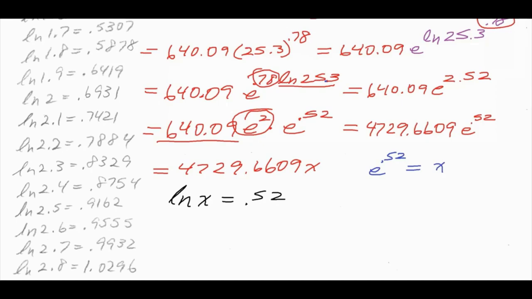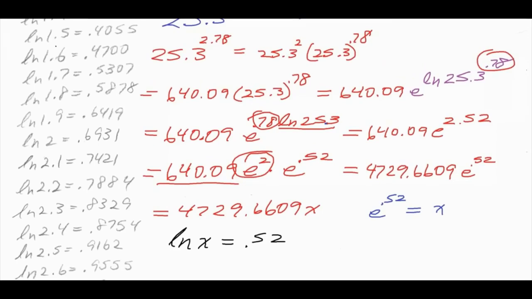Well, here's why I said you need to have a table like this made up, because now you can look at these values and see where it fits in between. So 0.52 would be in between here, between 1.6 and 1.7. So we already know that this x value is between 1.6 and 1.7.